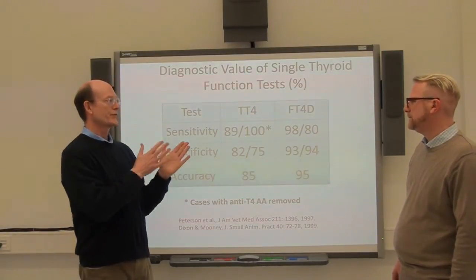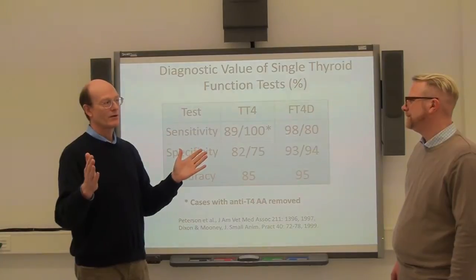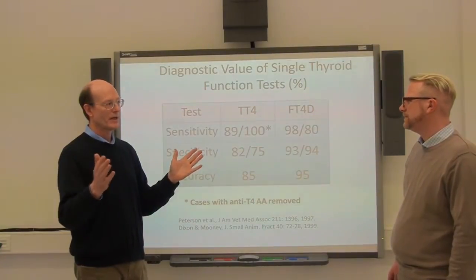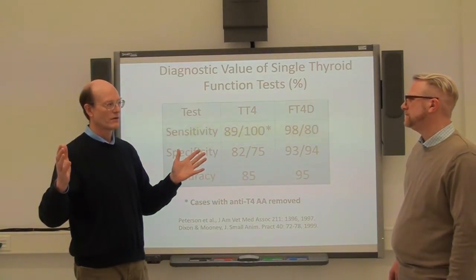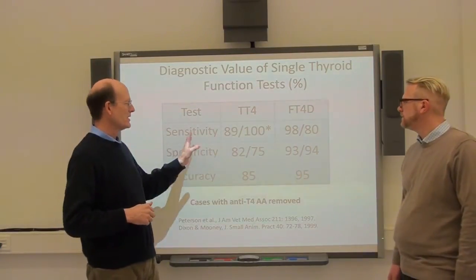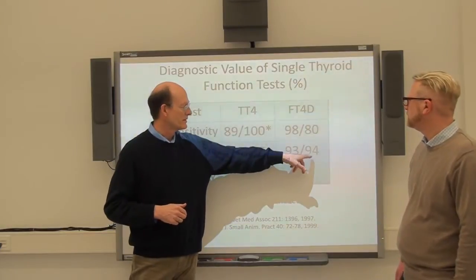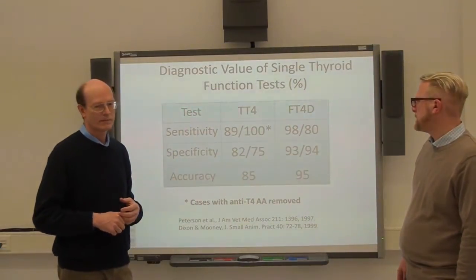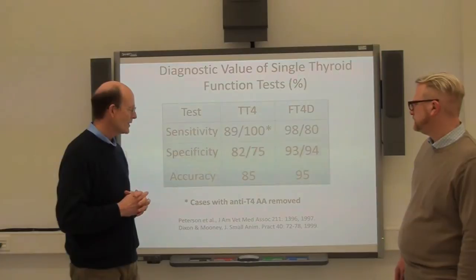And yet they're filtered out if you go by that membrane, and the true value of free T4 comes out in a dialysis system. So it didn't improve the sensitivity, but the specificity is good.